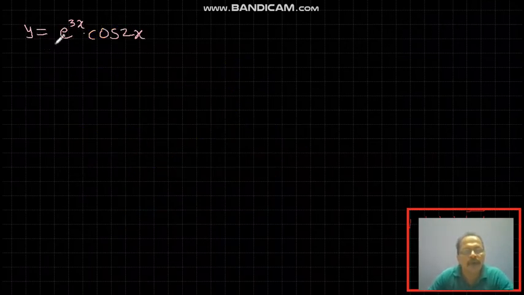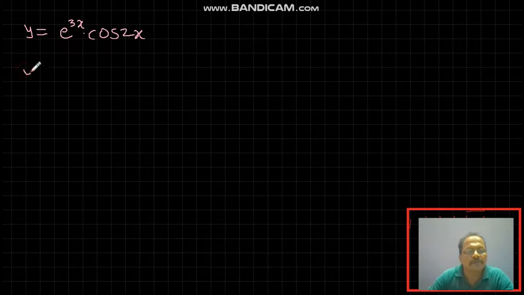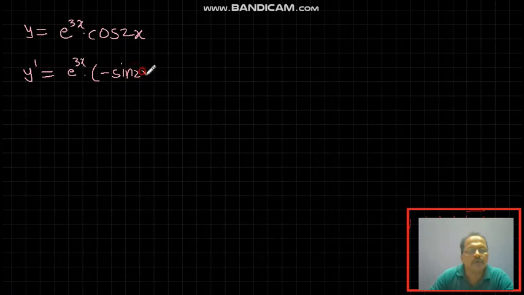Suppose y equal to e raised to 3x into cos 2x, then y dash, the first derivative is e raised to 3x into derivative of cos 2x is minus sin 2x into derivative of 2x is 2. Product rule I am using, and within product rule I am using chain rule.